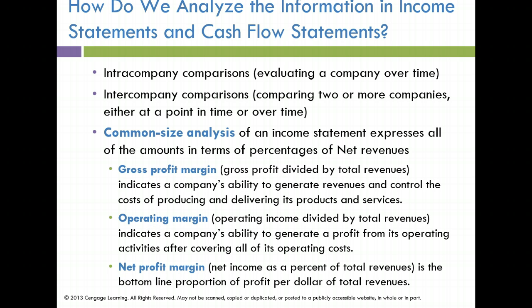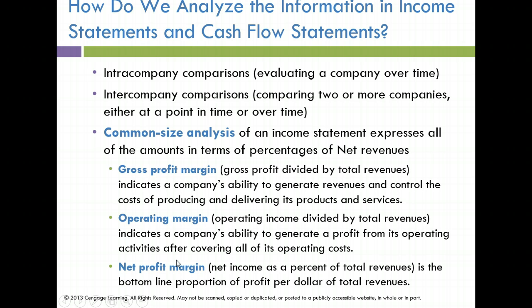The other thing I want to talk about relates to ratios. We will use various types of ratios to gain an understanding of the financial statements and to be able to compare them between one year to the next or one company to another. So we're going to look at the gross profit margin, the operating margin, and the net profit margin.